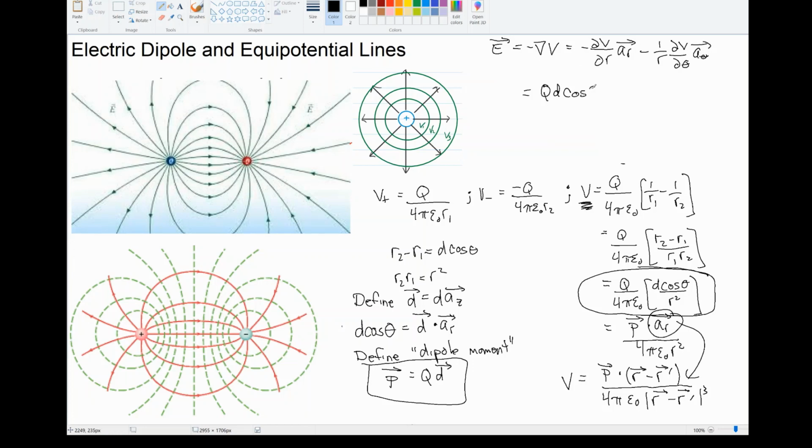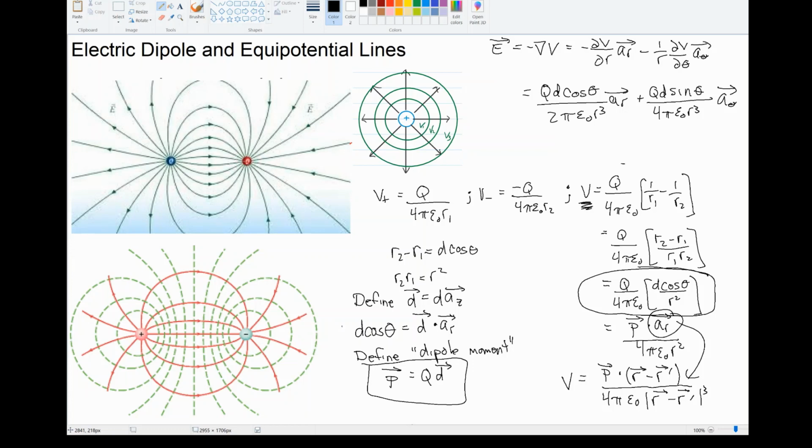I'll let you work that out on your own. That gives me this over r cubed in the ar direction, and then when I take the derivative of cosine, that turns into a negative sign. That negative cancels with that negative, and so what I end up getting here is qd sine theta over 4 pi epsilon 0 r cubed in the theta direction.